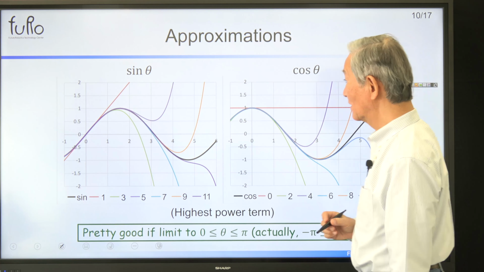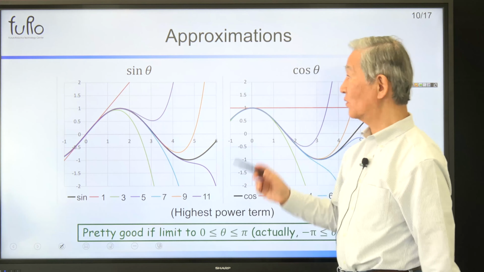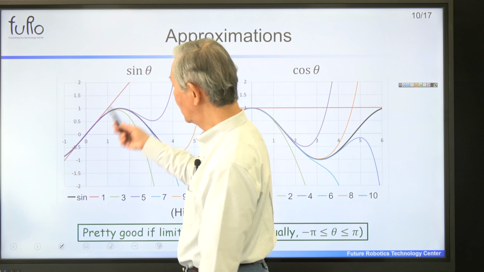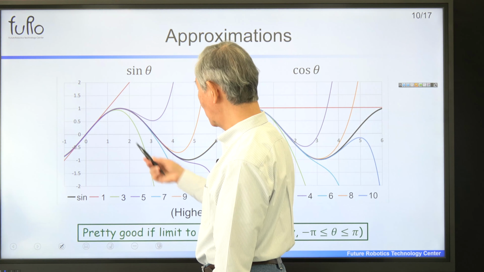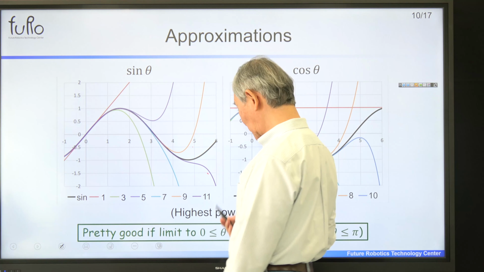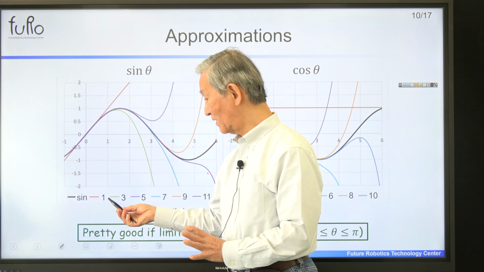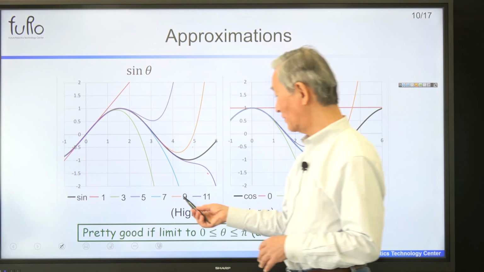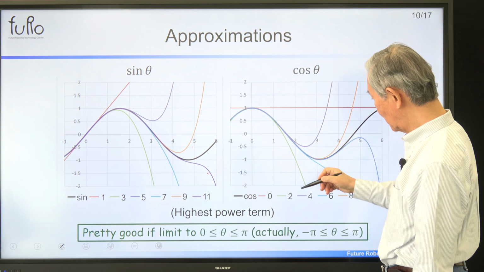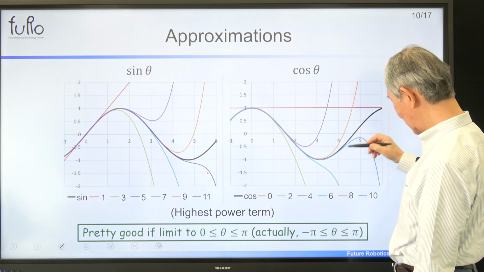Okay. So as with the exponential function, let's look at the approximation for sines and cosines since we have the power series. The first power, third power, fifth power, only the odd powers, so 1, 3, 5, 7, 9, 11. Here, cosine theta: 0th power, second power, fourth power, sixth power, eighth power, and 10th power.